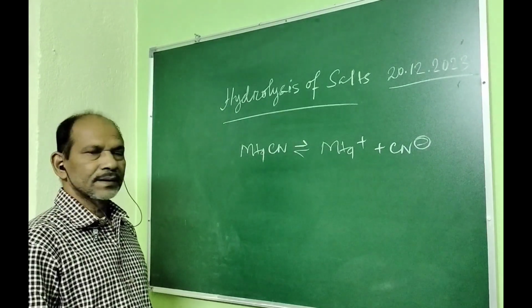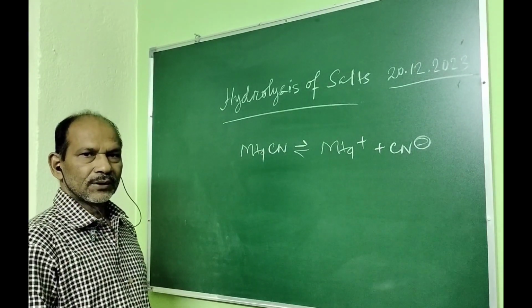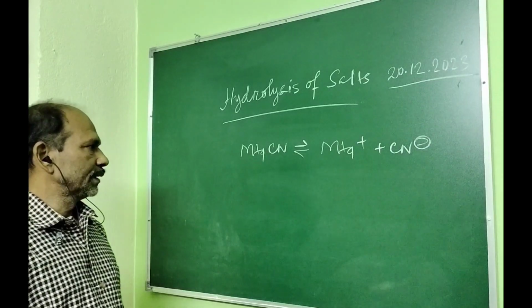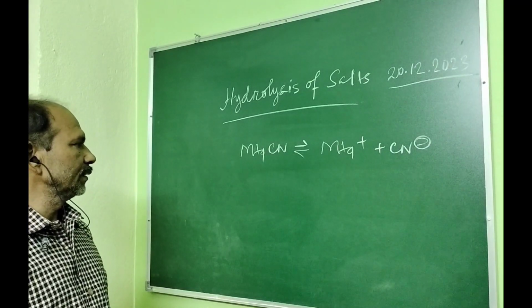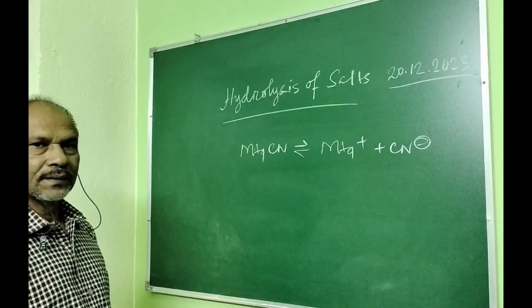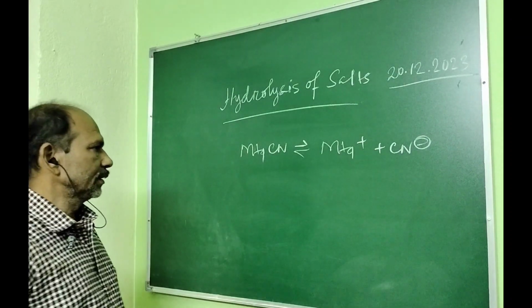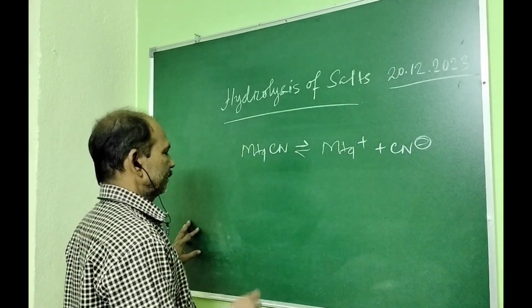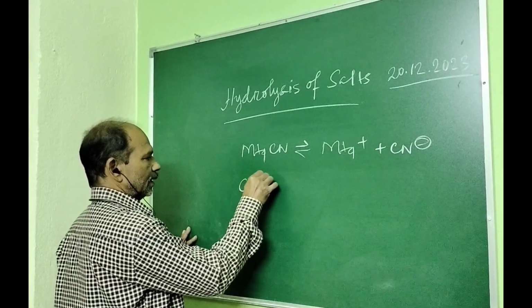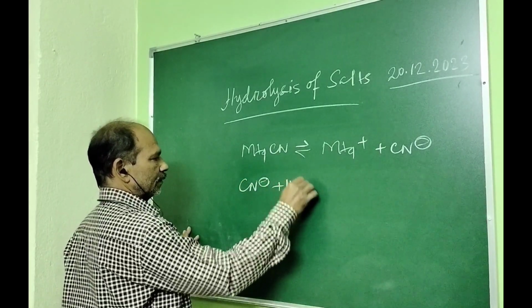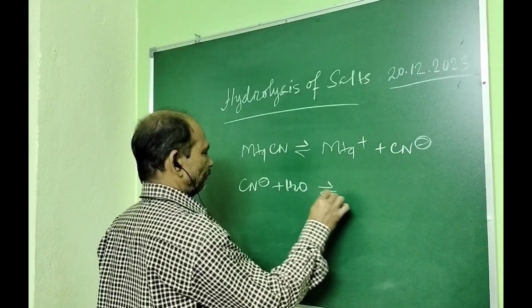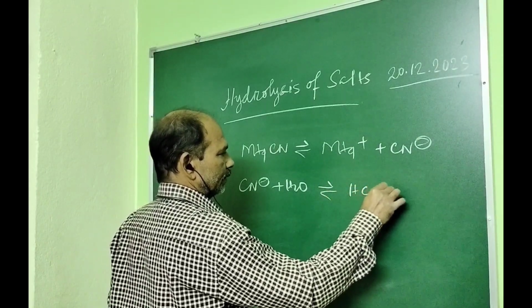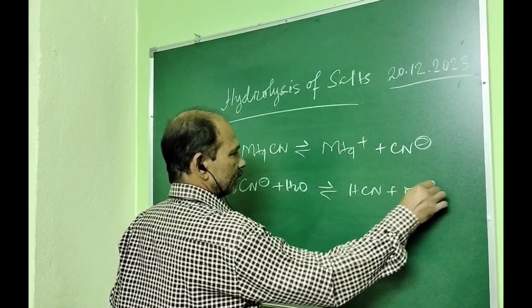The weak acid here is hydrocyanic acid, HCN, hydrogen cyanide, and the weak base here is ammonium hydroxide. But the CN minus reacts with water to form HCN and OH minus.